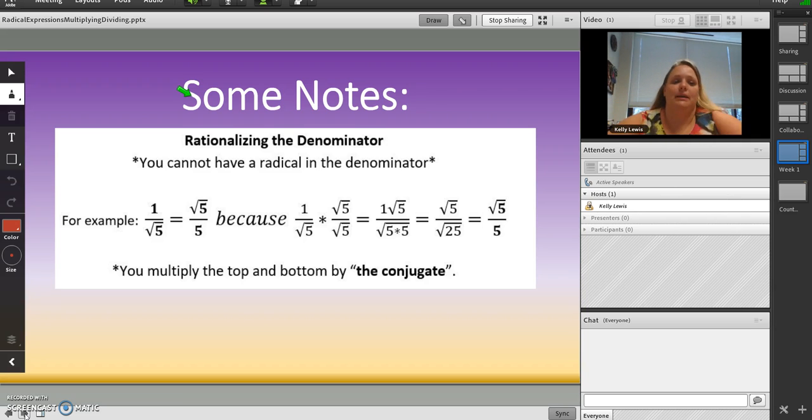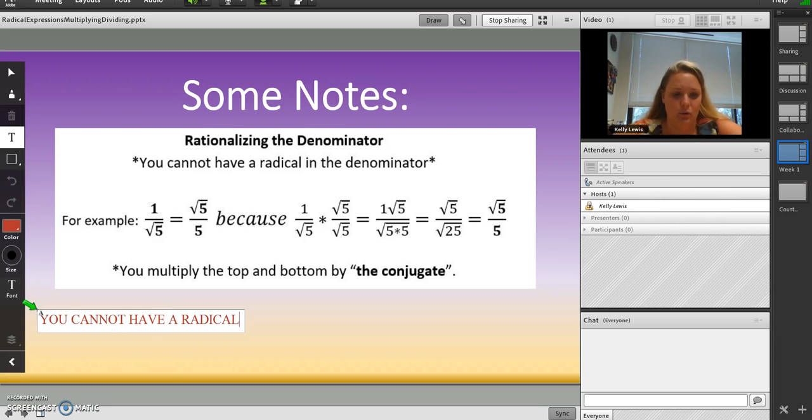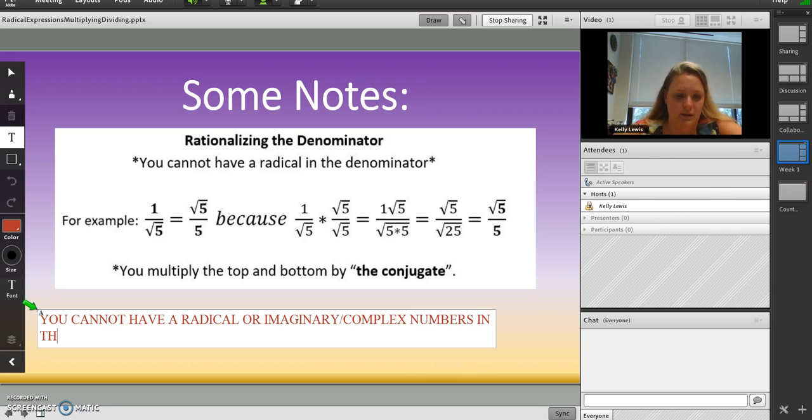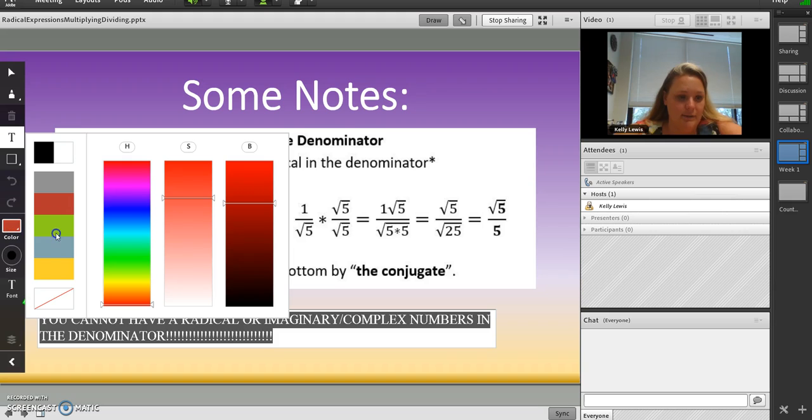All right, so here's a big rule in math. You cannot have a radical or imaginary numbers, which are also called complex numbers, in the denominator. I just don't know how many times I can say this.